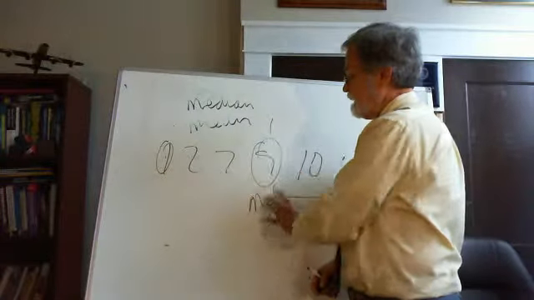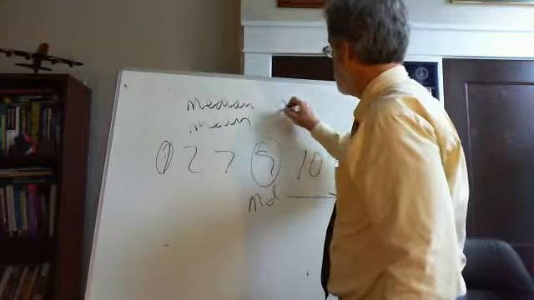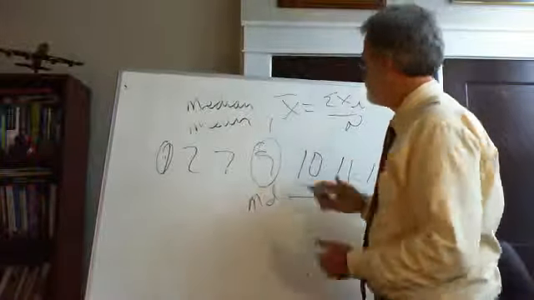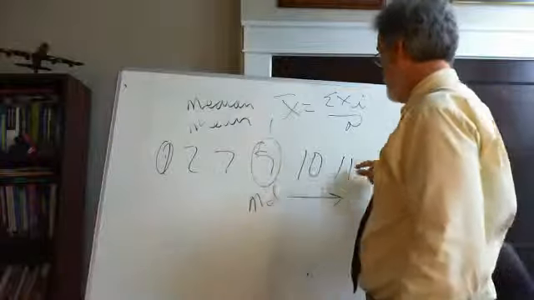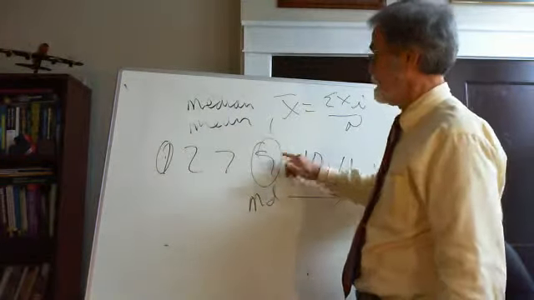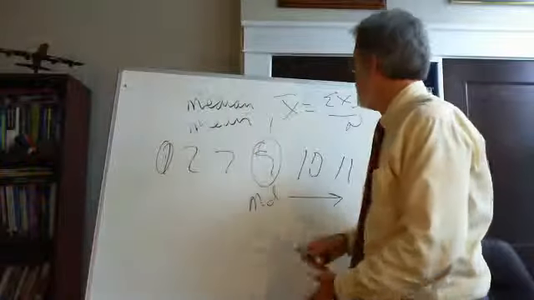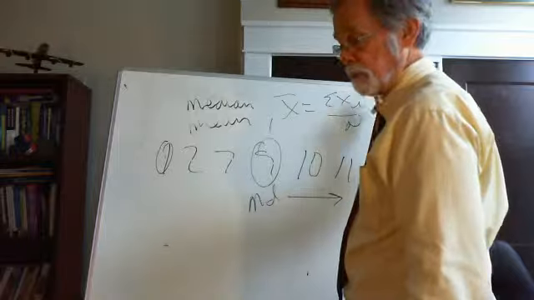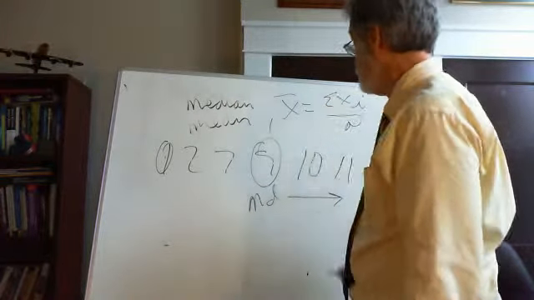And you can demonstrate that to yourself if you were to add these up, using this formula here, x bar equals the sum of xi over n, where n is the total number of values, and you sum up the values, 15 plus 11 plus 10 plus 9 plus 7 plus 2 plus 0. If you were to add those up, that's what would be in the numerator, and you divide that by the number of values, and that would give you your mean.